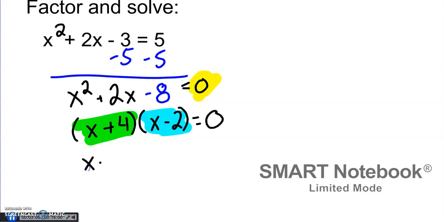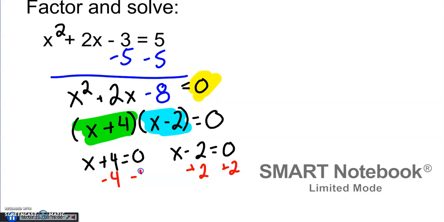We're going to have x plus 4 equal to 0, and then x minus 2 equal to 0. To solve for the left-hand side of x plus 4, we need to subtract 4 from both sides. And over on the right-hand side, we're going to add 2. So we get that x is equal to negative 4 and positive 2.